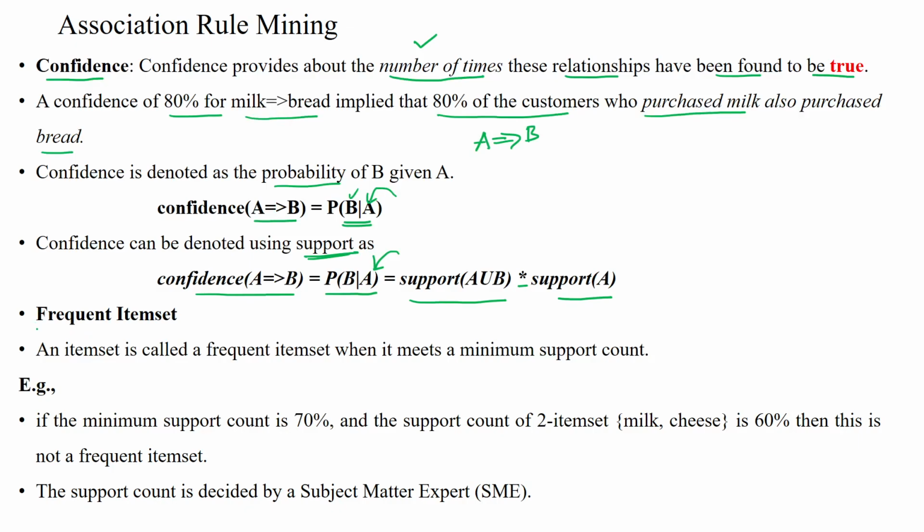Another important terminology is frequent item set. Whenever an item set meets the minimum support count, it is called a frequent item set.